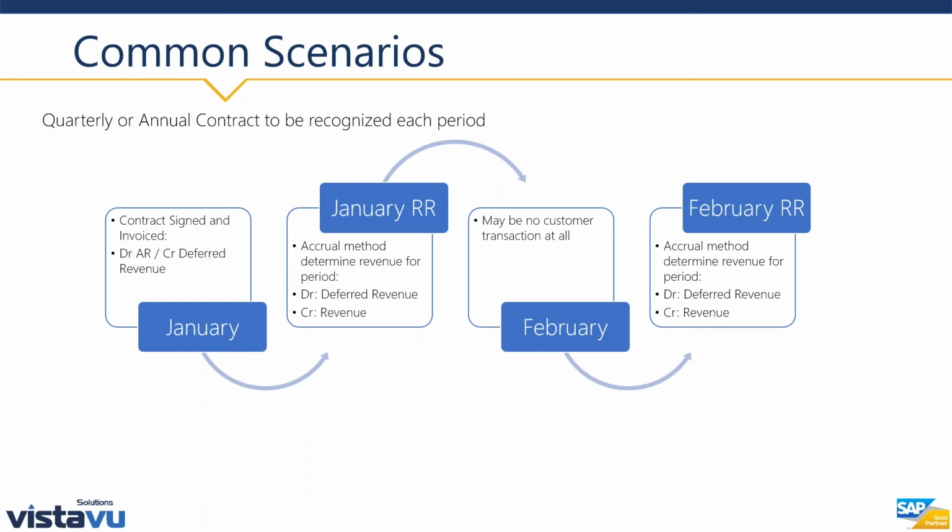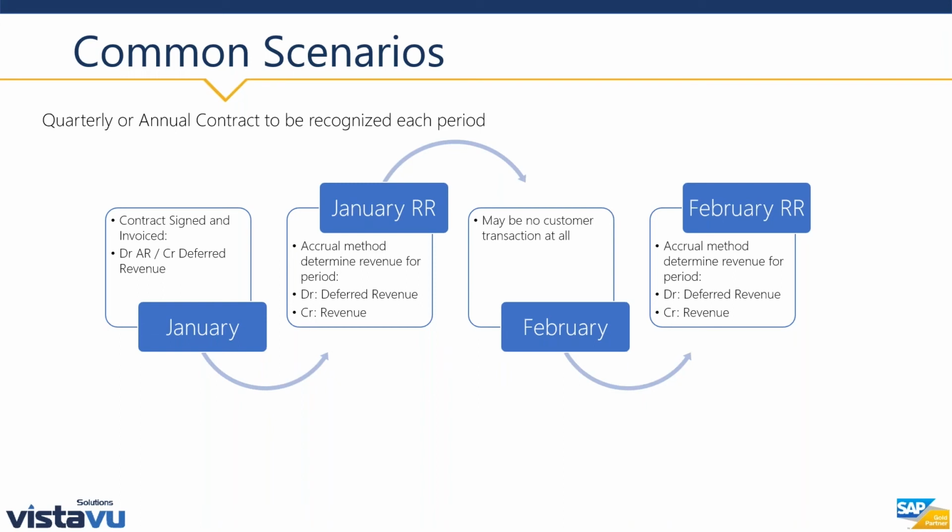So you saw one of those previous slides, there was an option to, let's say, divide the revenue equally over all the periods. So it takes that total contract, divides it by the dates of the contract, and now it's going to just do that portion for that month, and it's going to debit the deferral and credit the revenue. It's going to start drawing down on that deferral that was set up by your billing in the first place.